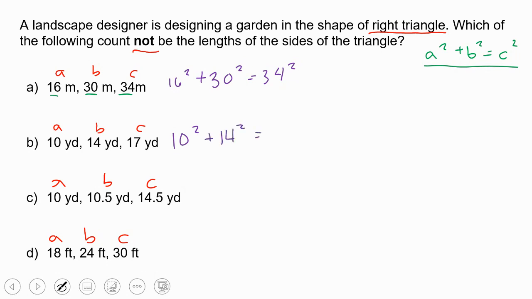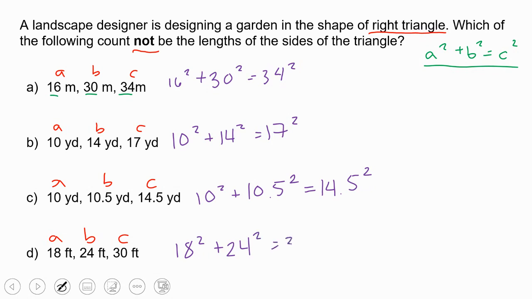And I'm going to go ahead and do that for each one of my answer choices, just so that way I don't have to go back and forth from my calculator going back over here. Oops, I wrote the wrong number. And finally, that's going to be 18 squared plus 24 squared equals 30 squared.